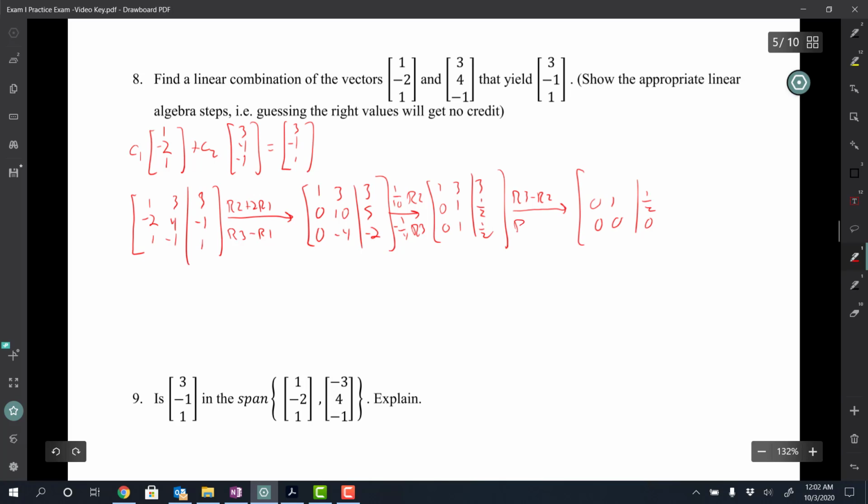And then I'm also going to take row 1 minus 3 times row 2. That's going to give me a 1, 0. 3 minus 3 times 1 is 0. And then I'm going to have 3 minus 3 times 1/2, so 3 minus 1 1/2, which will be 1 1/2 or 3/2.